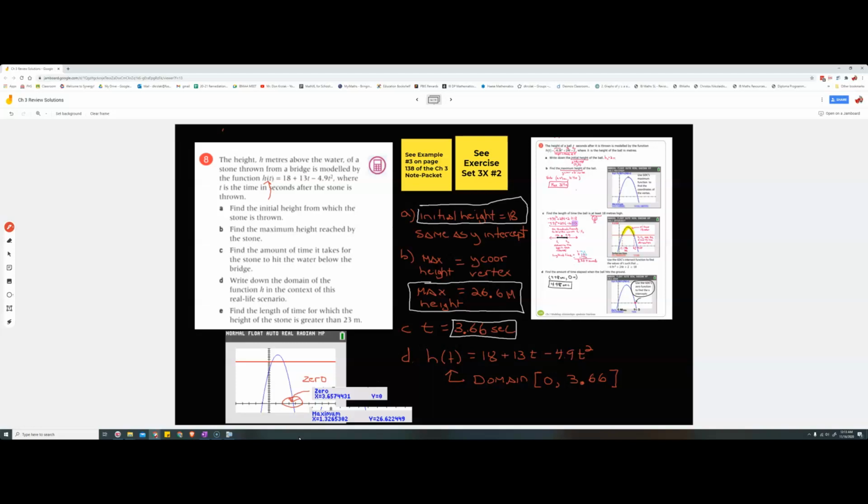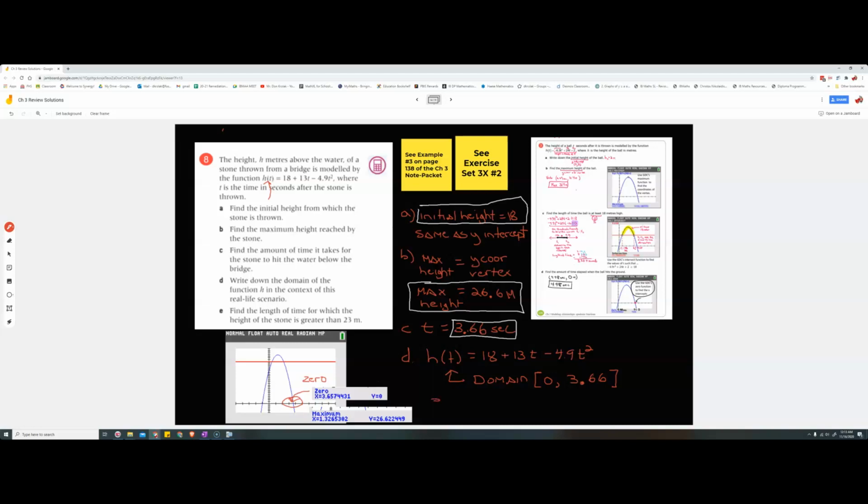Okay, now for E, it says find the length of time for which the height of the stone is greater than 23 meters. So if we're doing this on our calculator, we're going to find the x values where the y values are greater than 23, so not equal to 23.